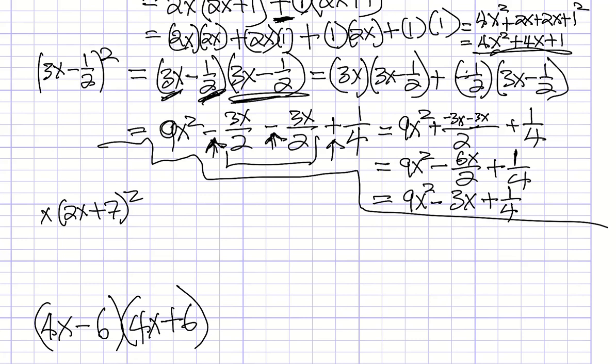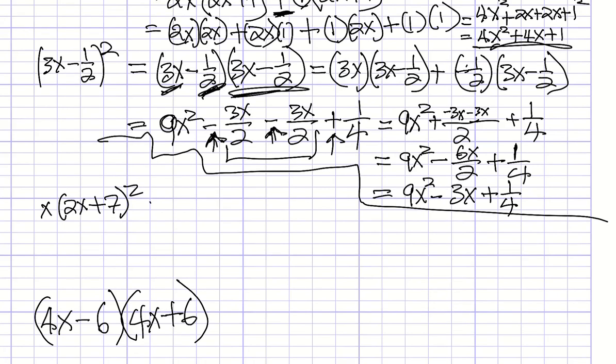Okay, so we'll proceed. Let's do what is inside that bracket. We'll say 2x plus 7 times 2x plus 7. You see what I'm doing, right? We'll deal with the x outside later.